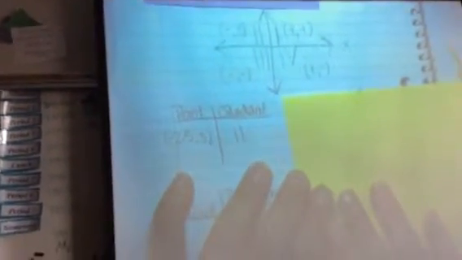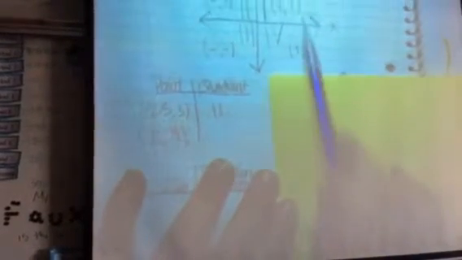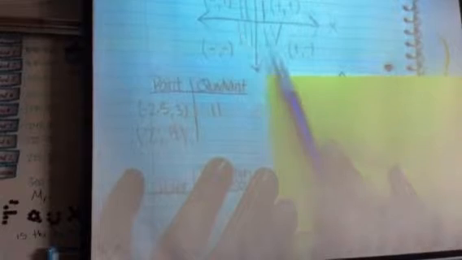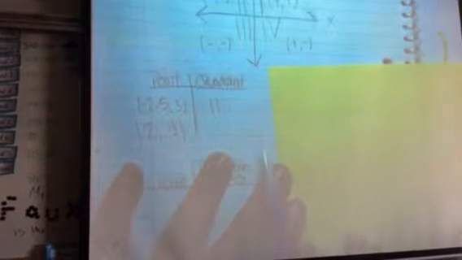Okay? I have one more point up here. It's positive 2 and positive 1.5. I want you to look at the quadrants and point to what quadrant this point will be in. Will it be in quadrant 1, 2, 3, or 4? Point to it.